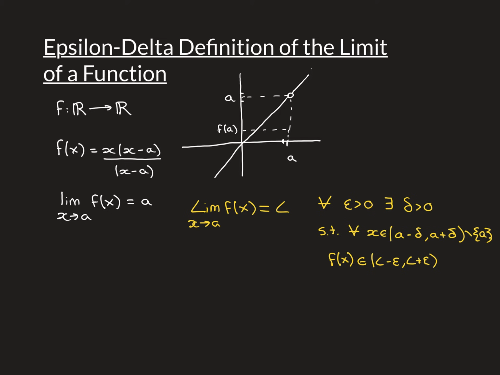And the meaning of this, it's defined to mean this. And don't worry, we're going to draw a picture and understand what this means, but firstly I'm just going to read it to you.